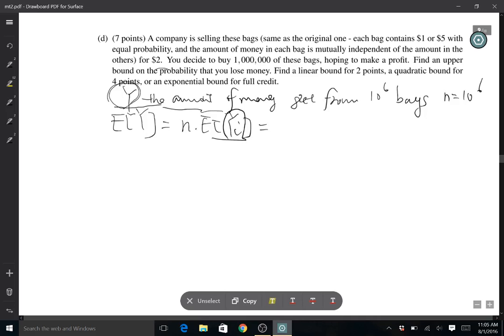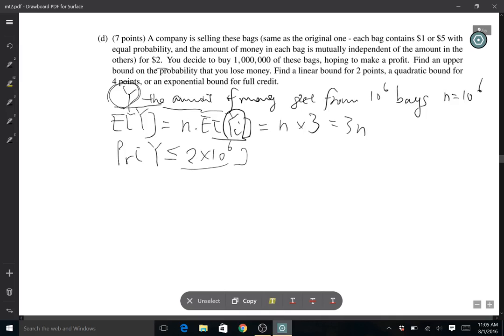Okay, the expectation of Yi, I think we calculated in part A, so it's actually 3, right, in part A. Okay, actually we don't even need to calculate the variance in this case, because we care about the probability that Y is smaller or equal to 2 times 10 to the power 6.